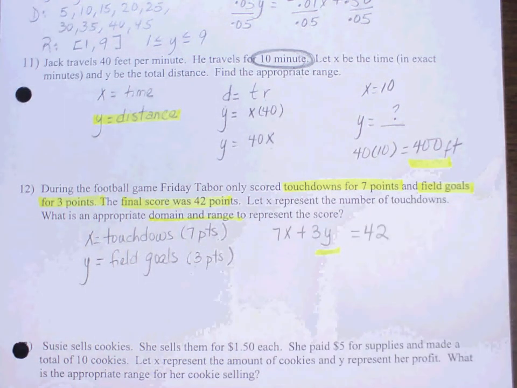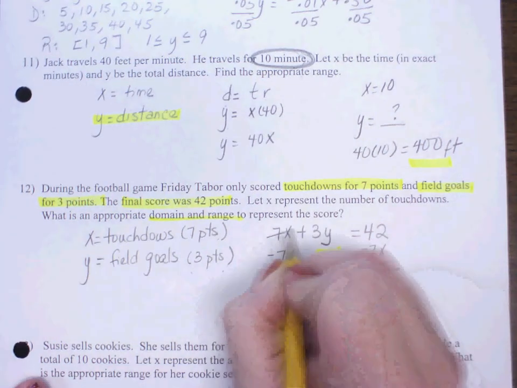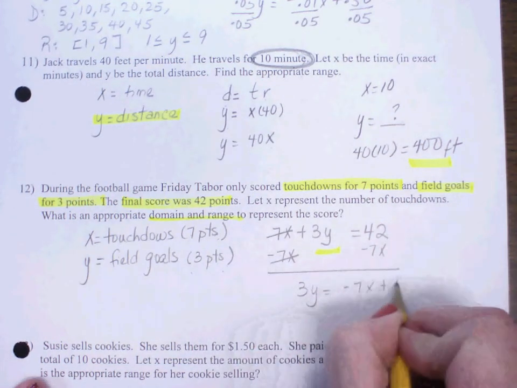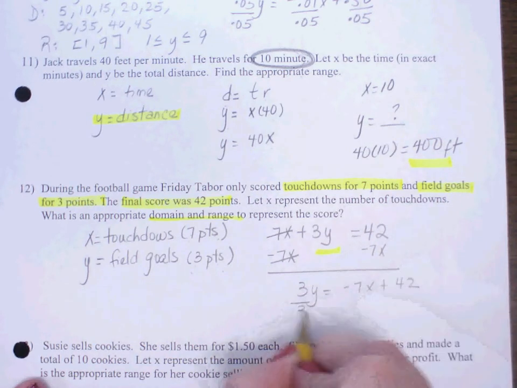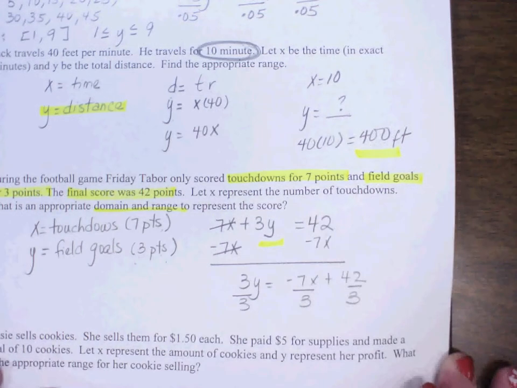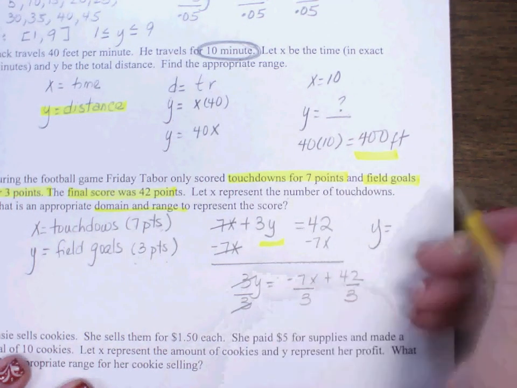And we're going to solve for y, right? So that we can do the domain and the range. So minus 7x, that's 0. 3y equals negative 7x plus 42. And now divide by 3. And then y equals negative 7/3 x.